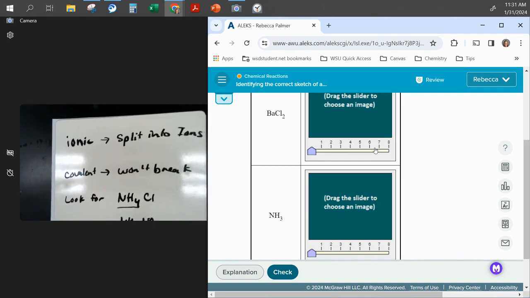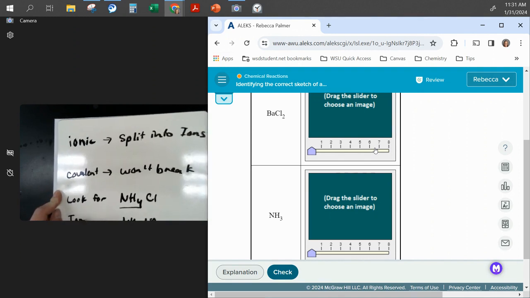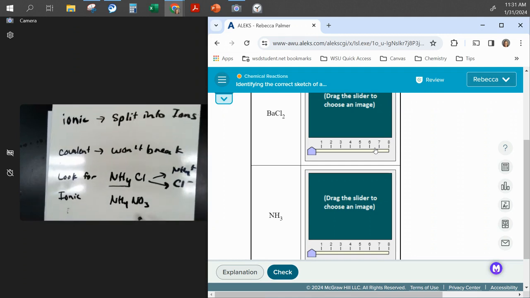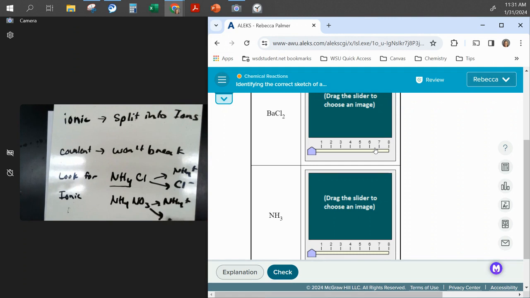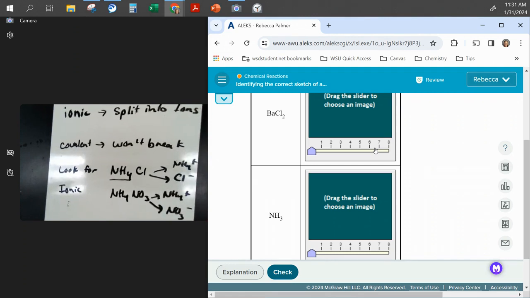These are ionic. So for example, this one would break into NH4 plus and Cl minus. This one would break into NH4 plus and NO3 minus. So NH4 is just kind of weird, it's kind of our weird exception.